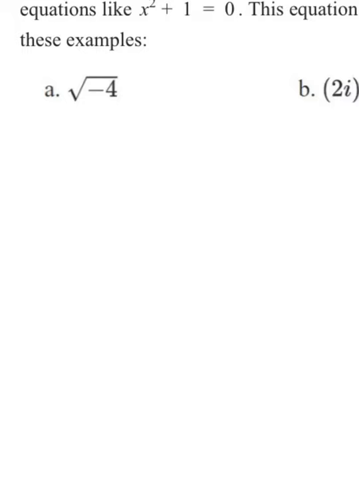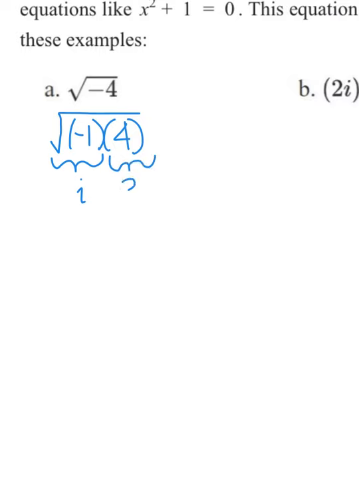So let's start with simplifying the square root of -4. Well, we can write -4 as the product of -1 and +4, and then this breaks us apart into two separate roots that we can simplify. We know the square root of -1 will give us an I, and the square root of 4 will give us a 2, so we would simplify this and write it as 2I.